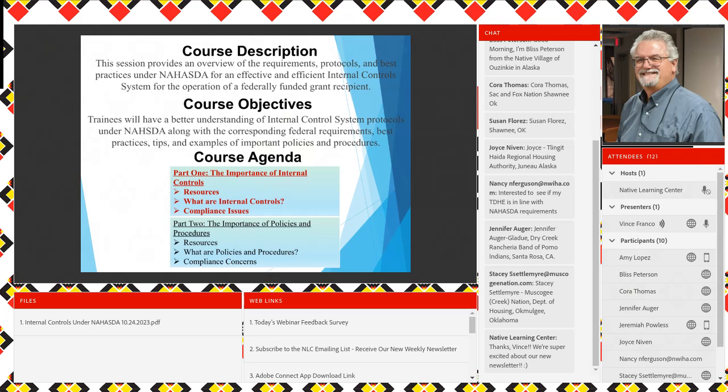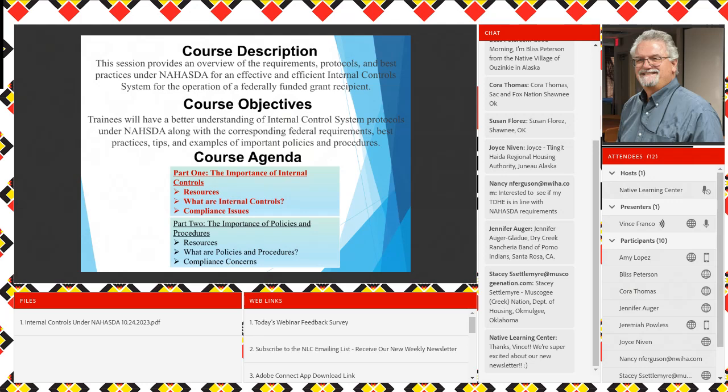And then the second half of the program is talking about the policies and procedures, which really are where the internal controls are put into motion in your policies and in your procedures. Okay, so we'll make the distinction between internal controls, which are kind of the big picture mechanisms that you should have in place to control the three most important aspects of your entity, of your program.